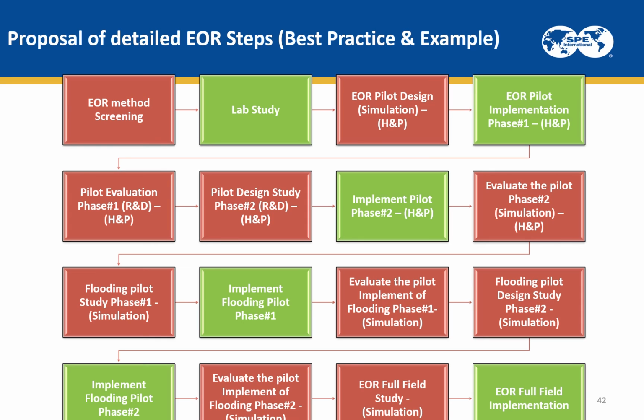And unfortunately, most of these red steps have not been followed in Sudan. Accordingly, the EOR projects are very challenging, and there is no clear plan. Some of them are successes, some of them have failed. So it is not easy to decide for the long term.